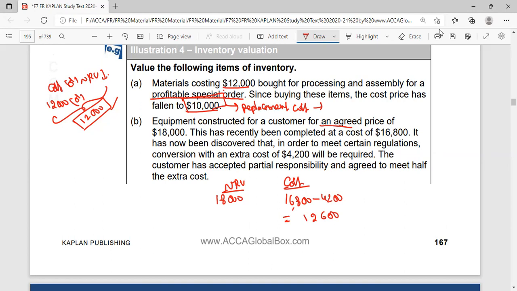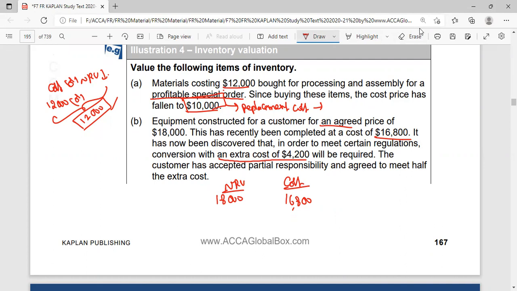So the total cost spent by the party is 16,800. The extra cost is incurred to meet the certain regulation while making this set.